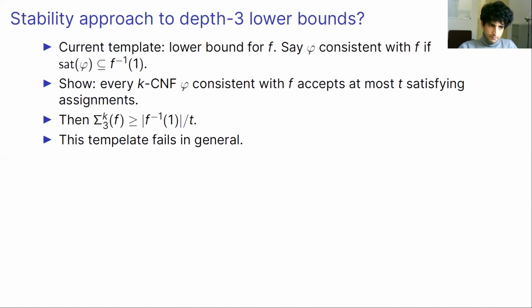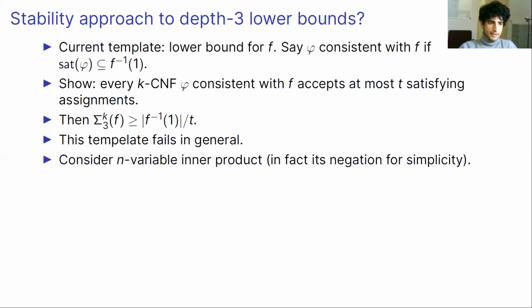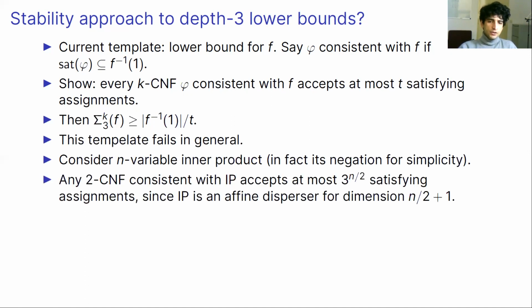The problem is that this template fails in general for functions that are interesting. And again, we're back to inner product, and this particular question of studying inner product for bottom fan-in 3 was raised by Golovnev, Kulikov, and Williams. I mentioned one of the results earlier. But already even for bottom fan-in 2, the exact bound is not known, and it seems like it requires some new idea.